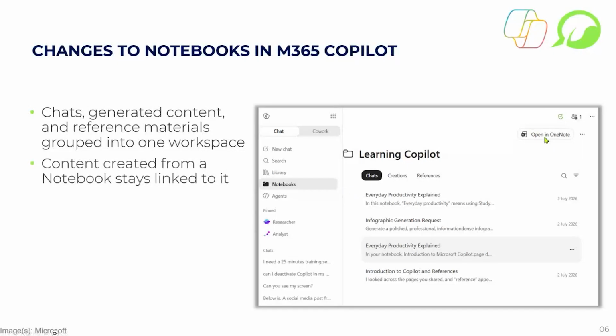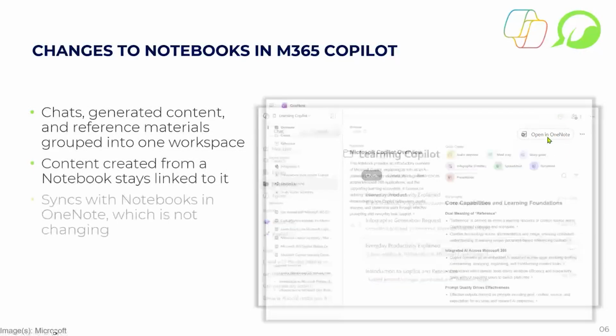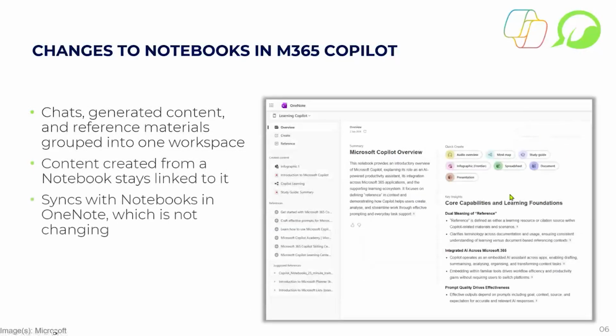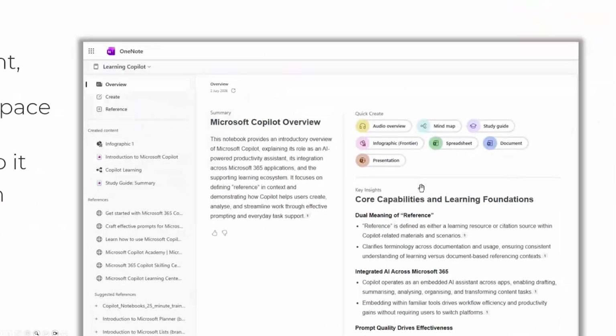Up here we have open in OneNote. If we click open in OneNote, it takes us to OneNote, and this is the experience that you might be more familiar with. We've got our overview, we can create stuff, we can add our references, we've got our content down here. We've got our summary, and we've got our key insights on the right hand side.